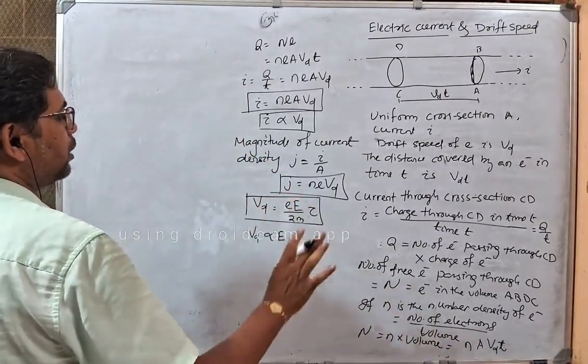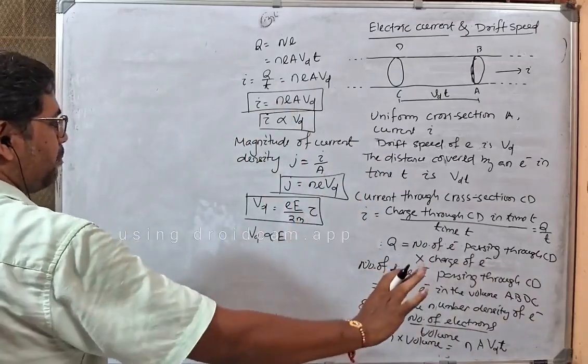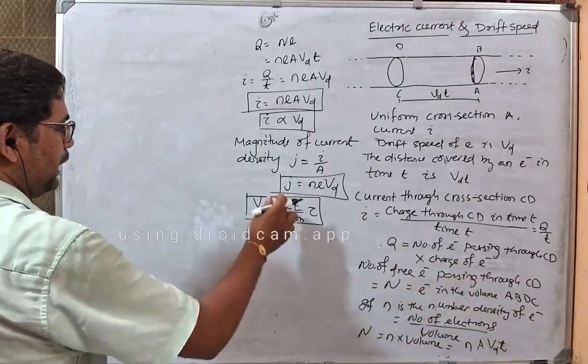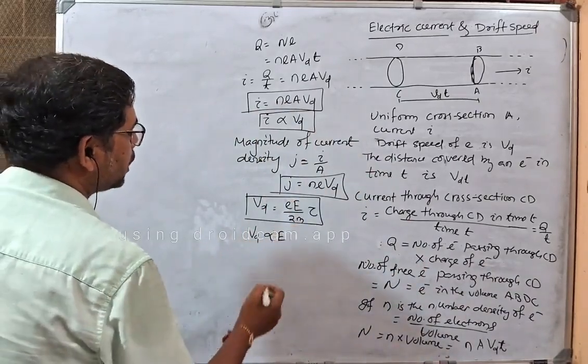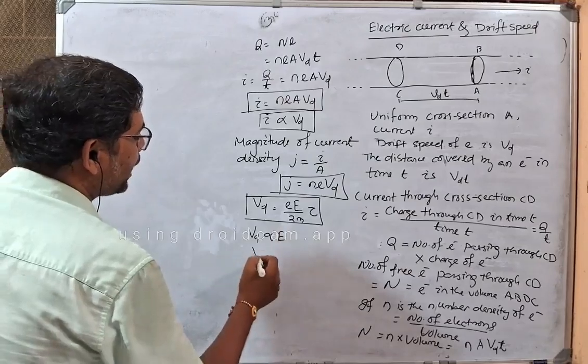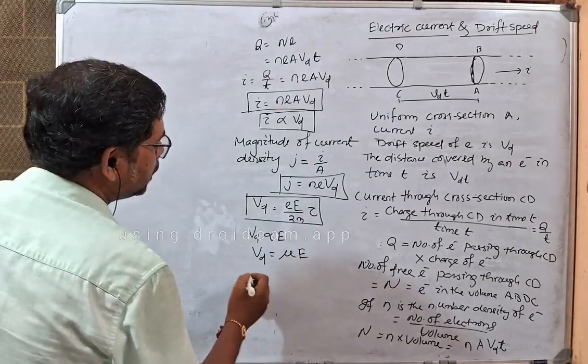Rest things are constant. If I am not changing the material, tau will be constant. If I am not changing the temperature, tau is not going to change. e and m are always constant. So vd is proportional to E. So I can write vd is equal to some proportionality constant into E.